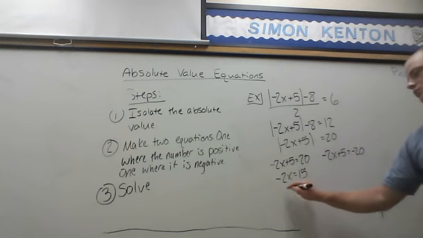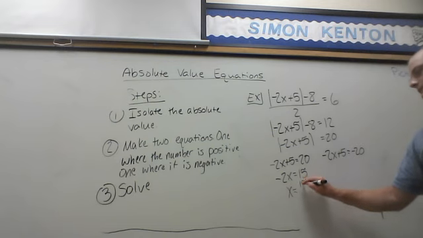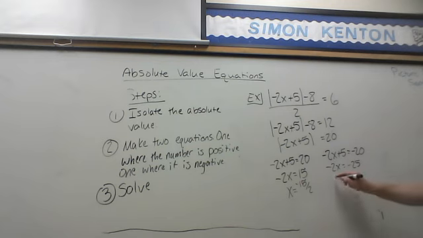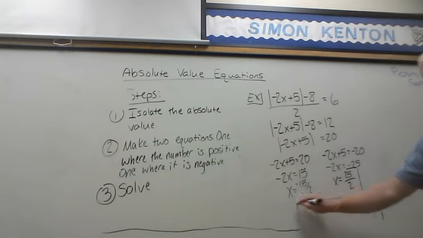Then divide both sides by 2, you get x equals 15 over 2, but it's negative. Over here, same thing, subtract 5, you get negative 2x equals negative 25. Divide both sides by a negative 2. In this case, you get 25 over 2, but it's actually a positive number. So you actually have these two as your answers.